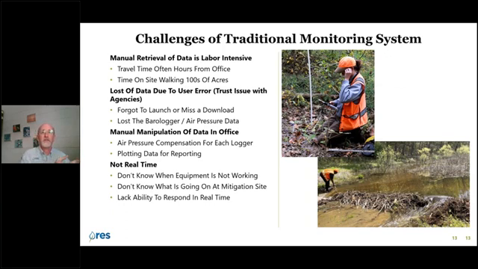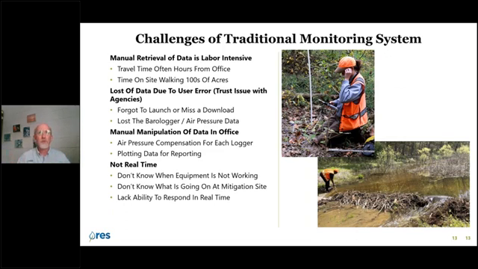A new employee forgets to turn on or launch the logger at the office and then goes and plops it in the ground. You don't know till 4 months later, when you pull that logger out, that it was never turned on. Maybe they walked a big site and they missed 1 out of the 100 different wells that were out there. So now we're missing data and you won't get it until the next trip out.